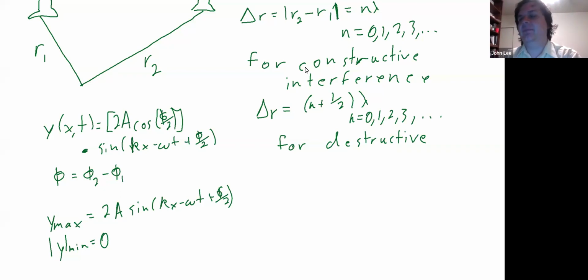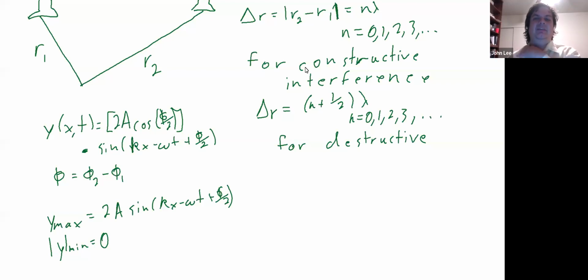So it's going to be equal to pi, or 3 pi, or anything that's going to get you a value of cosine of phi over 2 equals n plus 1/2 times pi.